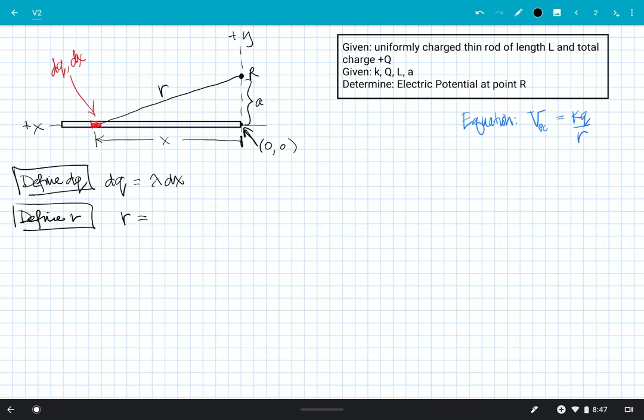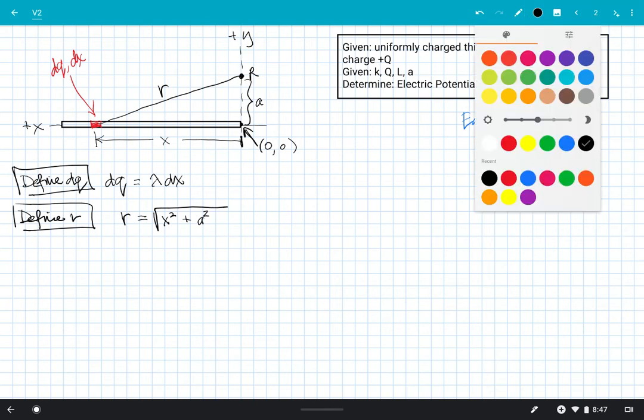You can think about redoing this problem and putting the origin on the left-hand side of the rod, and notice that your R is going to look pretty different if you do that. So in this case, my r is going to just simply look like x squared plus a squared. So that was my motivation for using the right-hand side of the rod, as it really simplifies what that r looks like.